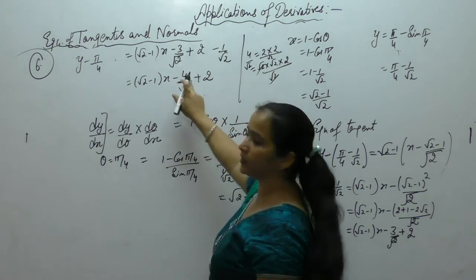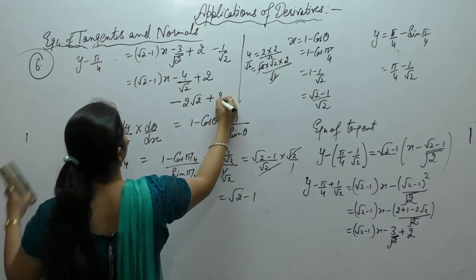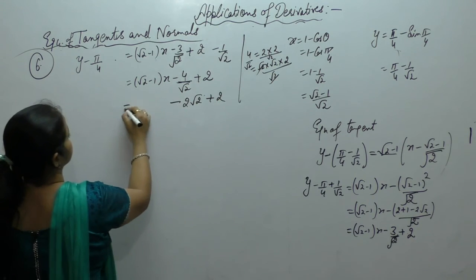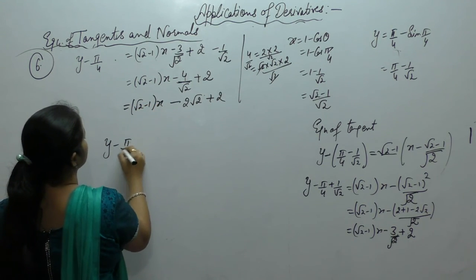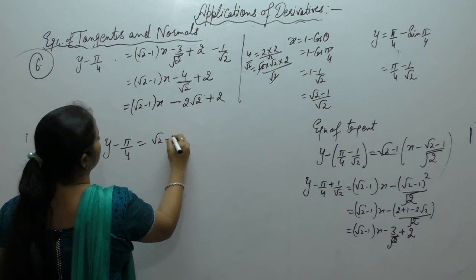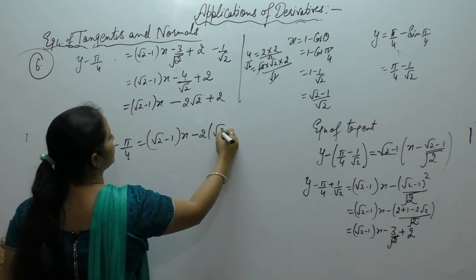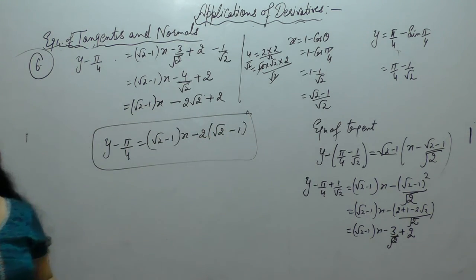So we are left with 2 root 2 minus 2 root 2 plus. We get y minus pi by 4 equals root 2 minus 1 x. Take 2 common, root 2 minus 1. Note it down.